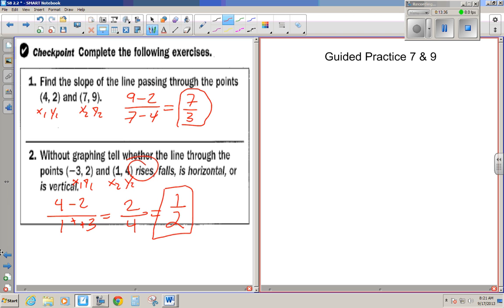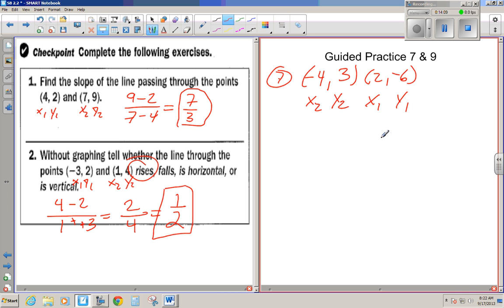Guided practice 7 and 9. Number 7, once again, is asking us if it rises or falls. Here's (negative 4, 3) and (2, negative 6). I'm going to label this one x2, y2, and this one x1, y1. It doesn't matter.